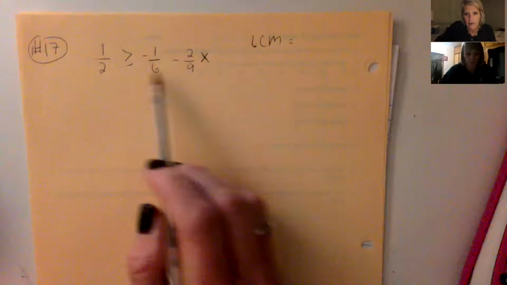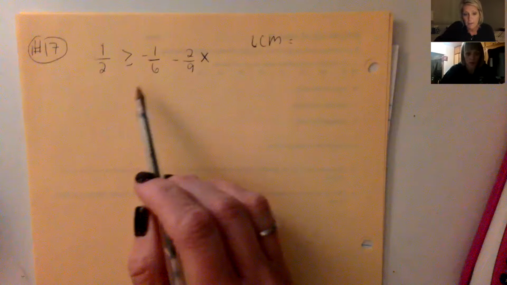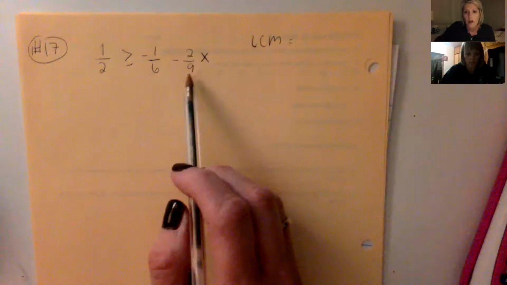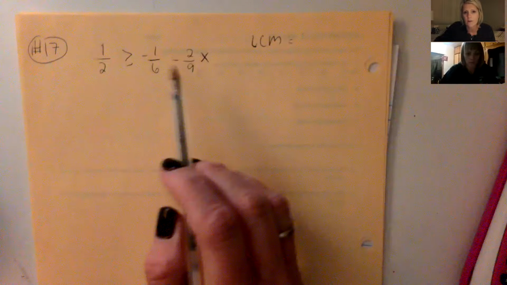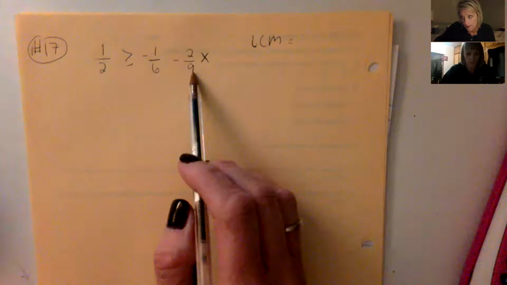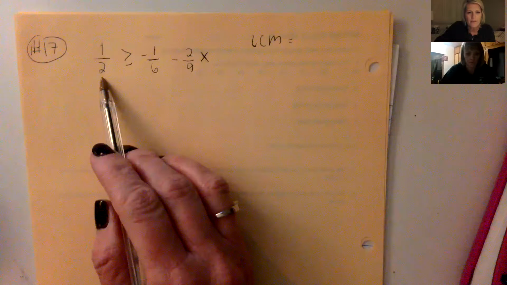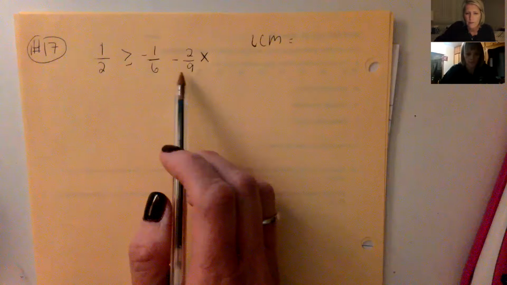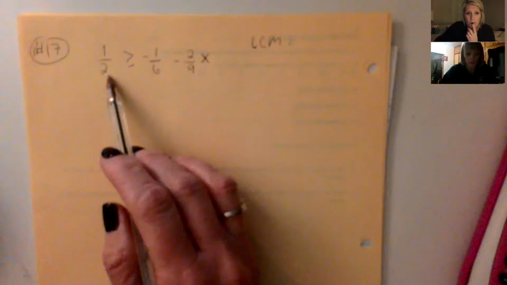So I'm just looking for myself. You could just multiply them all together if you wanted, and it will work to come up with one. So 2 times 6 is 12, times 9 is 108. But I can also see 2 times 6 is 12. 12 is not a multiple of 9. 9 is not a multiple of 2.